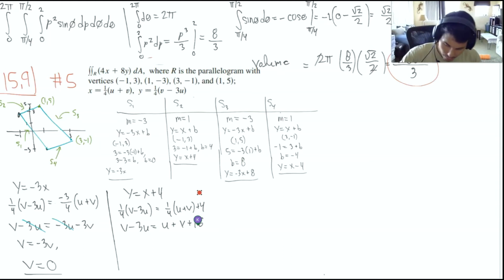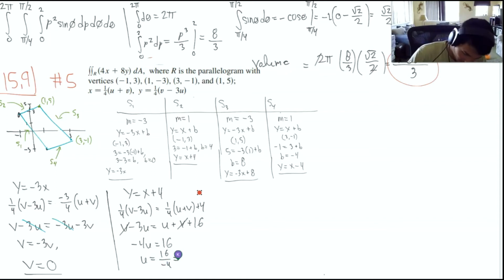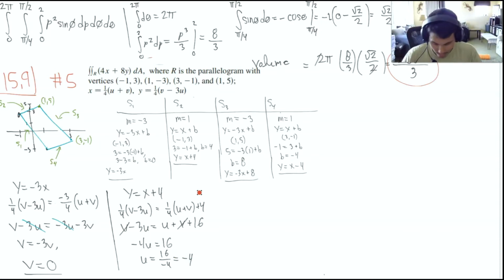What do we have in common? We got v's on both sides. And then I'm going to put the u on the other side. We get negative 4u is equal to 16. Thus, u is equal to 16 divided by negative 4, which is negative 4. So we get u is equal to negative 4. And that's our important piece of information that we want to hold on to.